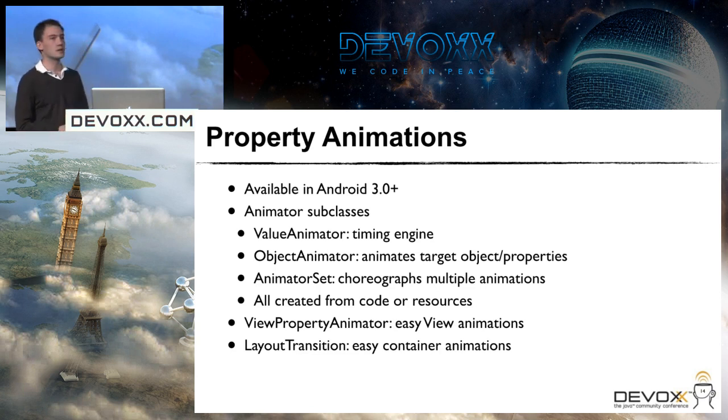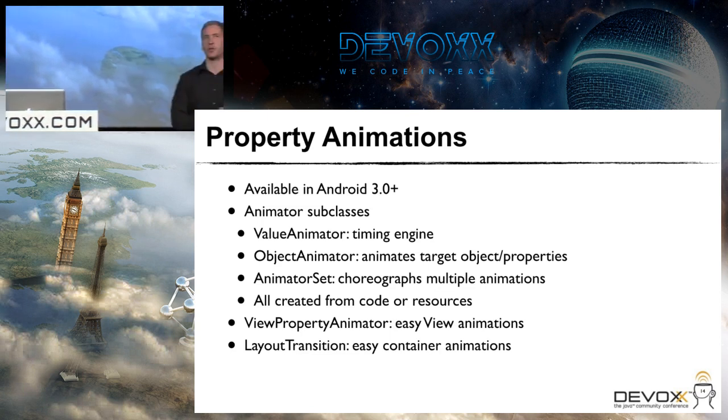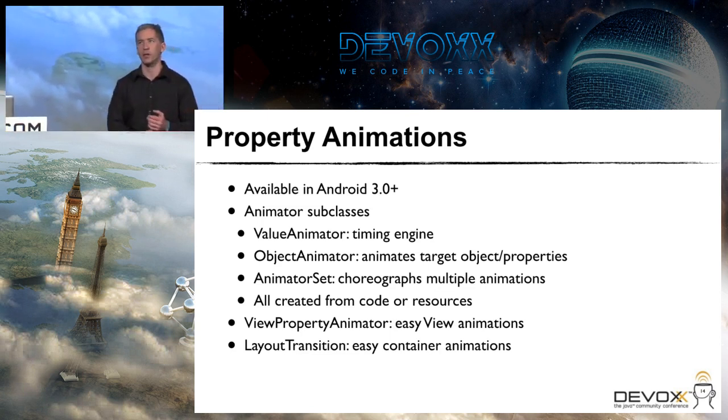AnimatorSet is very similar to AnimationSet. We just gave it a different name, so it's not confusing. You can just bundle up a bunch of animations together, and you can decide if they run in parallel, if they run in sequence, or you can mix that up. If you're used to AnimationSet, hopefully AnimatorSet is a little more flexible, and the way that you build these things up is less confusing.